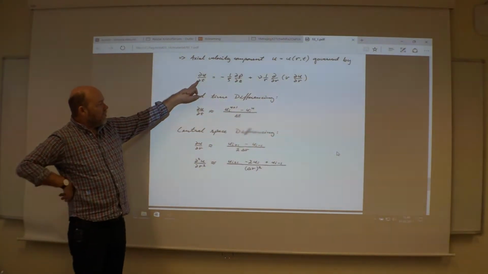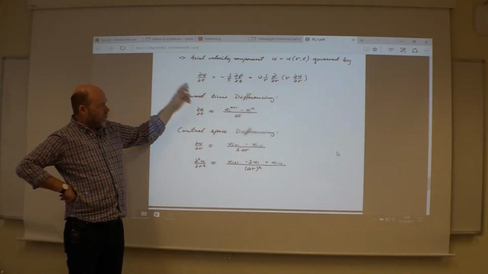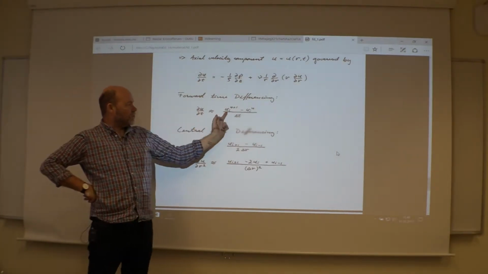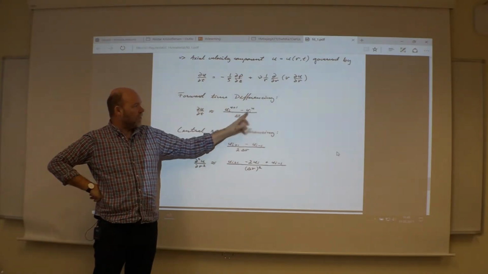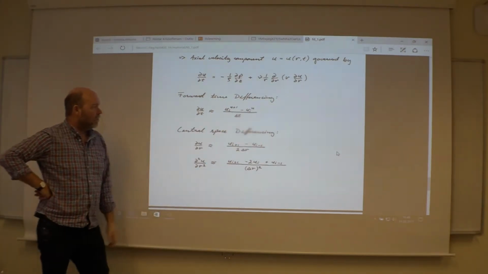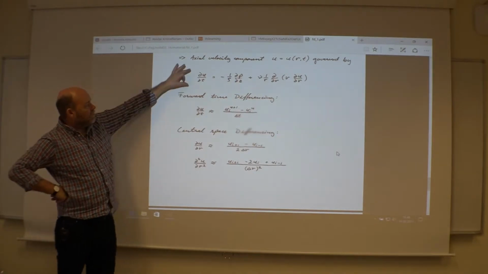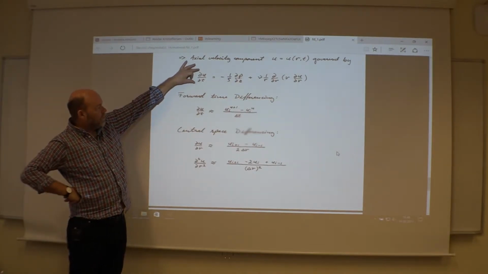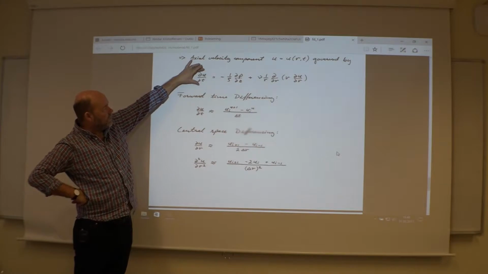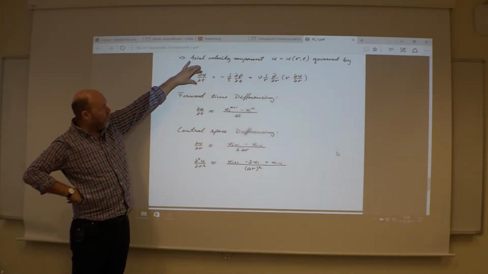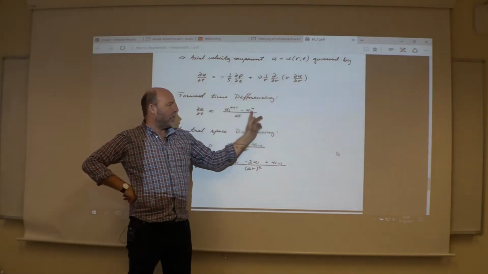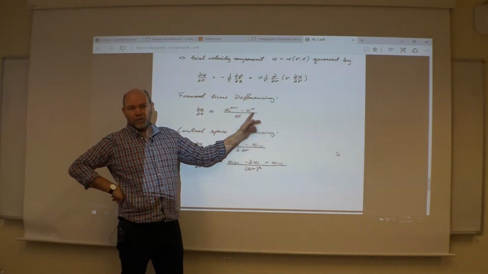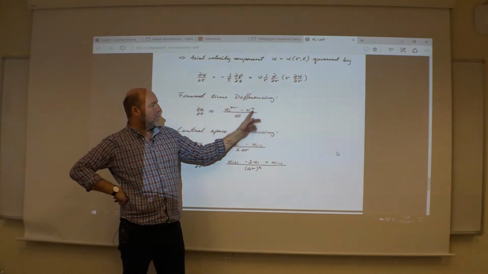So for the time derivative, you use the new velocity here minus the old one divided by delta t. That also means substituting this discrete first order forward scheme here. On the right hand side, everything should be taken from the old time level.